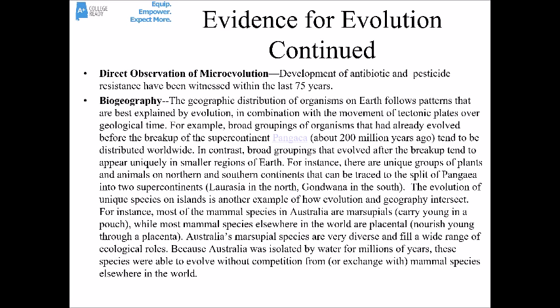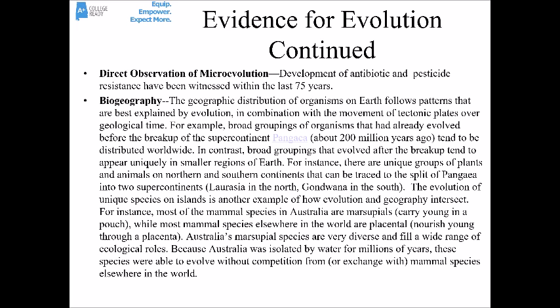But those mutations that caused them to happen didn't happen in Australia, which was separated by oceans from everything else. So the placental mammals outcompeted the marsupials in most of the rest of the world, and most marsupials went extinct, with a few exceptions like the possum.